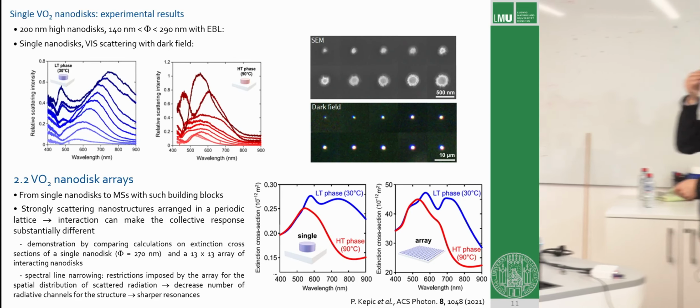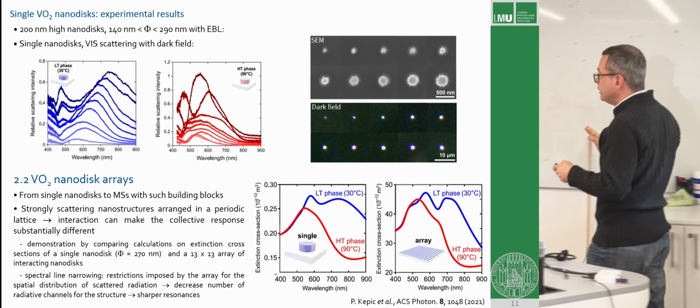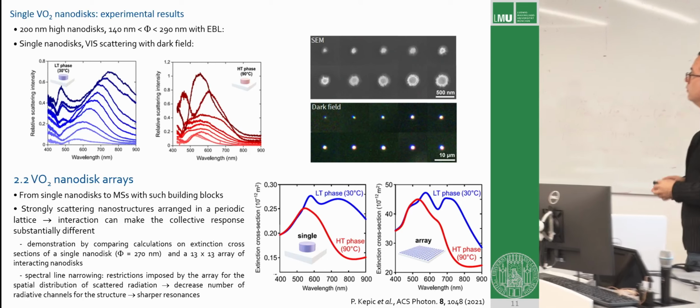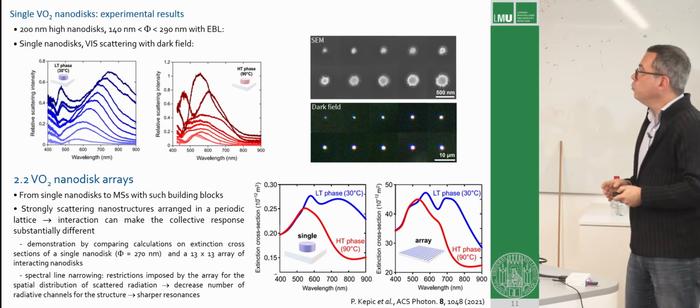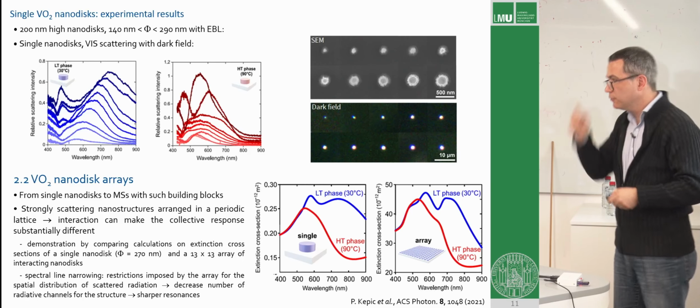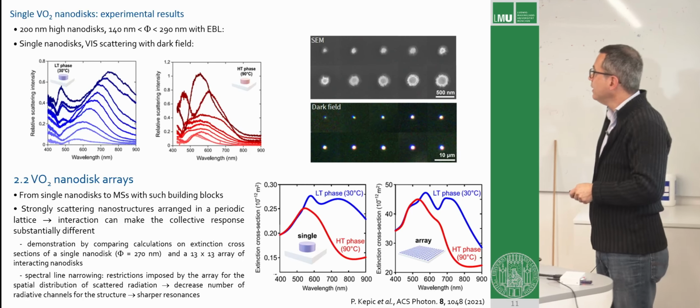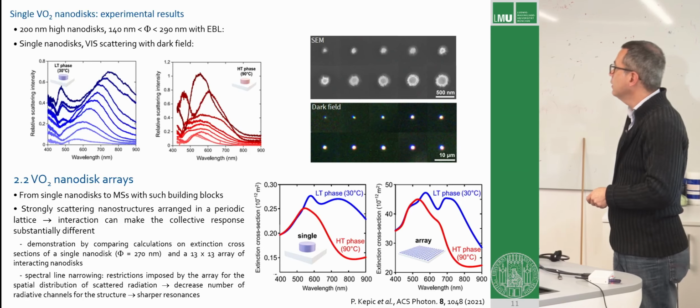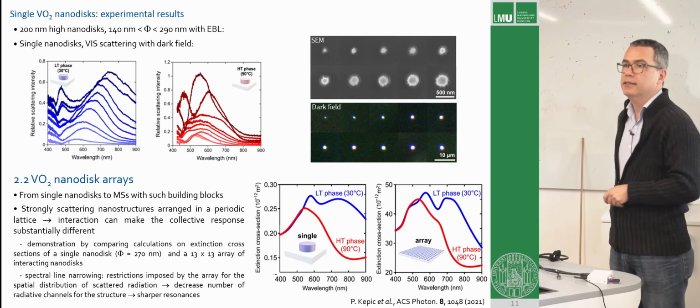And then this is how these materials behave when you're investigating single nanodisks. And now, what happens when we make a metasurface from these disks? So in this case, I'm showing here only the FDTD simulations of the response of single nanodisks and an array of 13 times 13 disks.